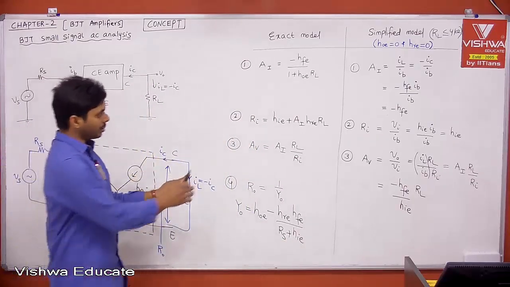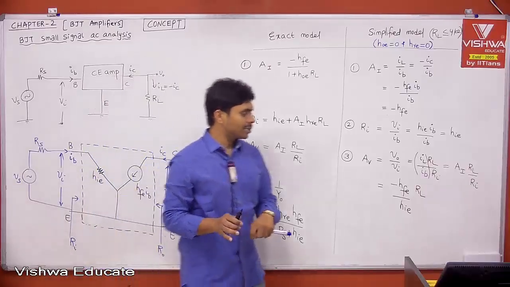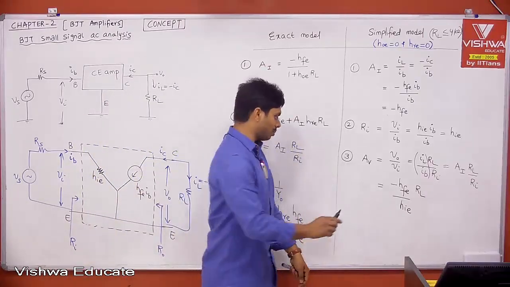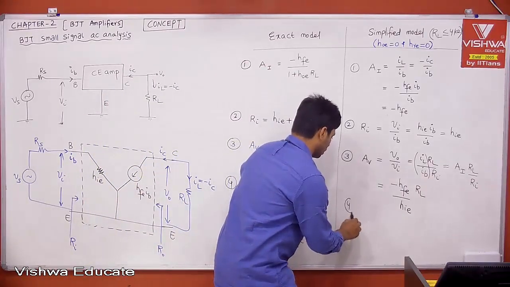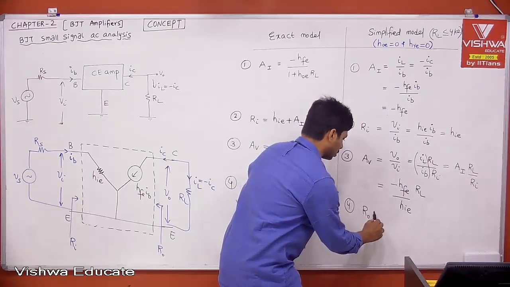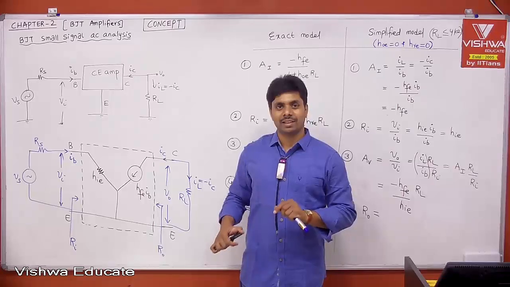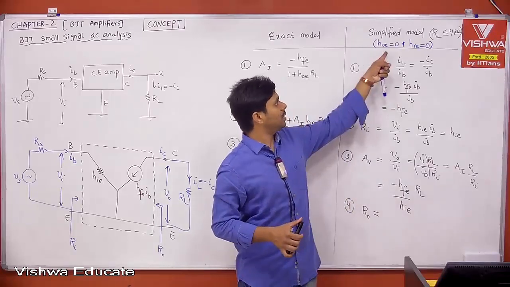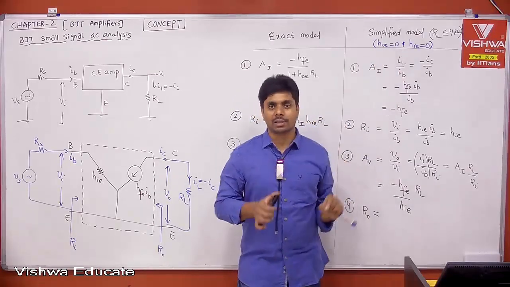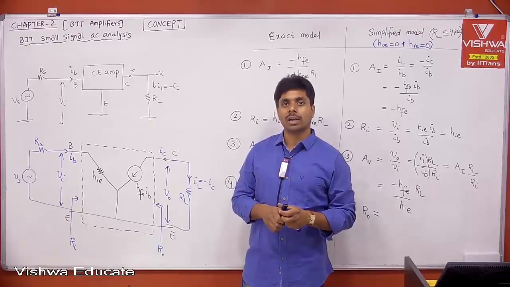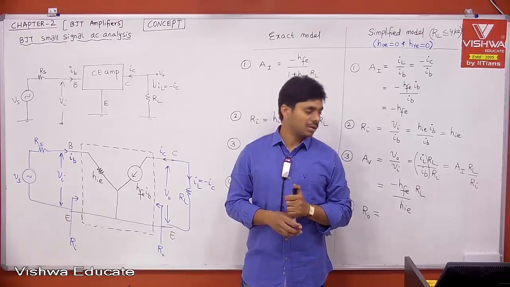Now, can anyone tell, without substituting, from the circuit, what is the output impedance? If you substitute also, you'll get it, when you take HOE 0, HRE 0. But from the circuit I want it, because we need to use the definition.